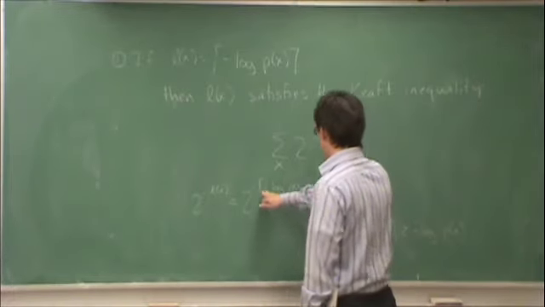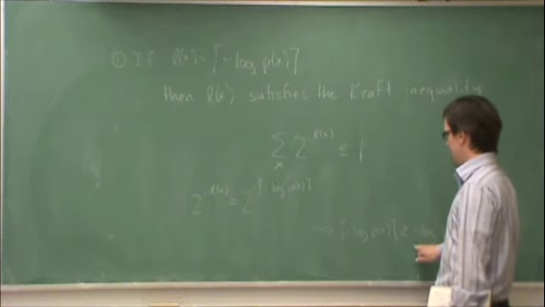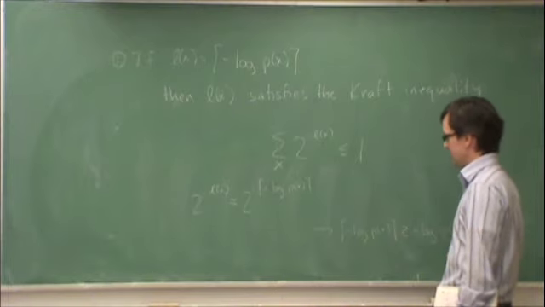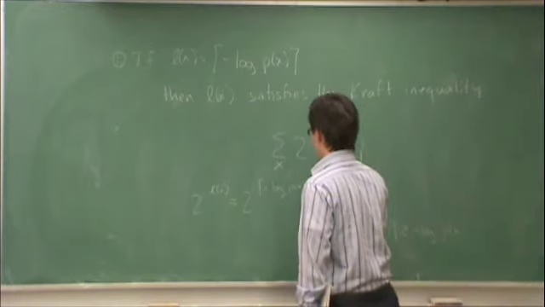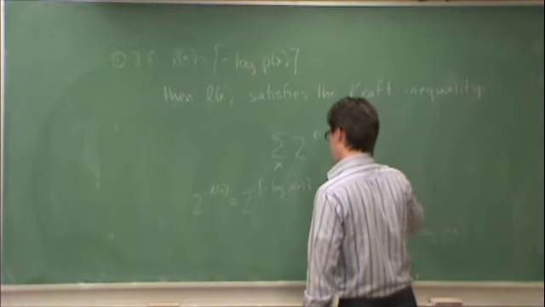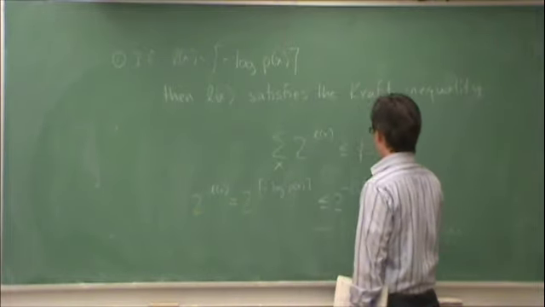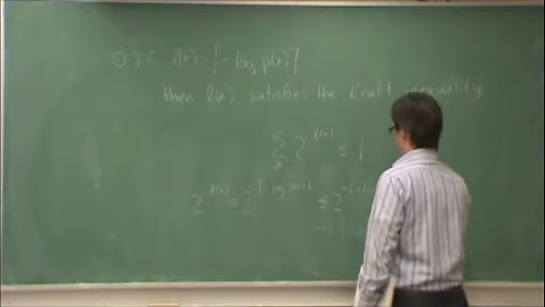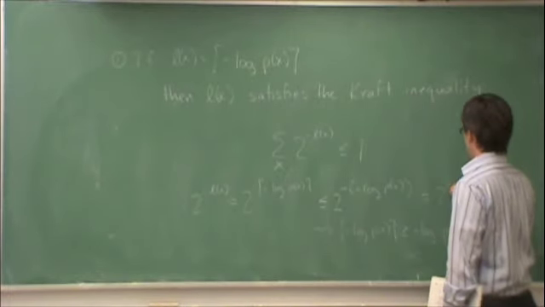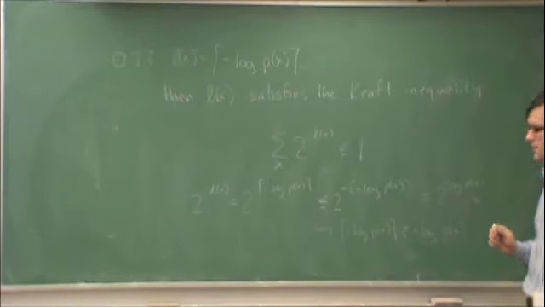So if I take 2 to the minus something that's a little larger than negative log px, it's less than or equal to 2 to the minus negative log px. I can cancel that minus, which is equal to 2 to the log px. And what is that? This is px.